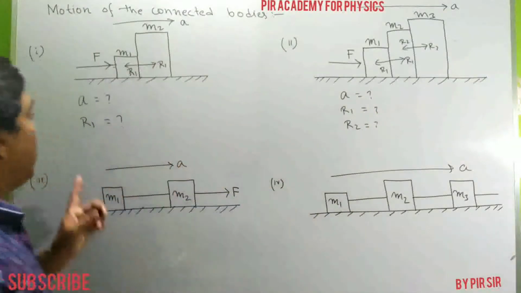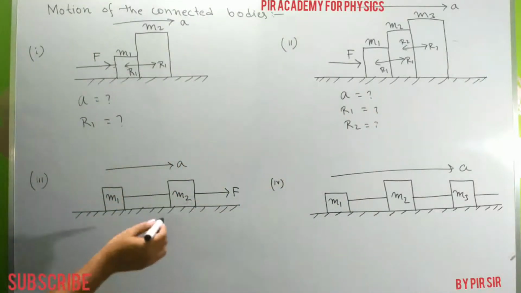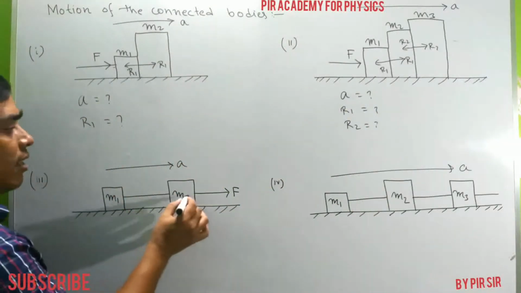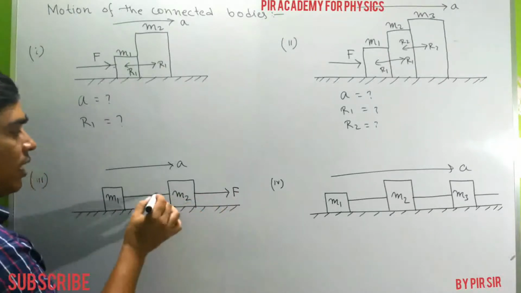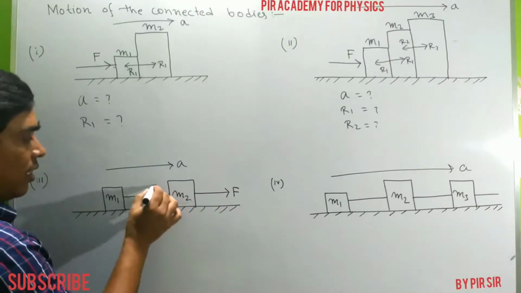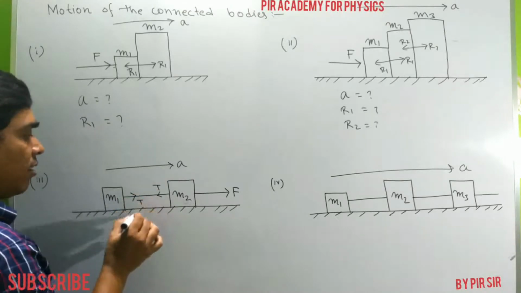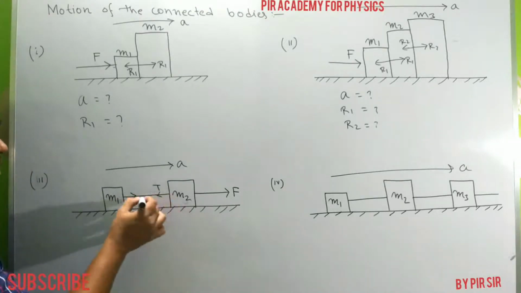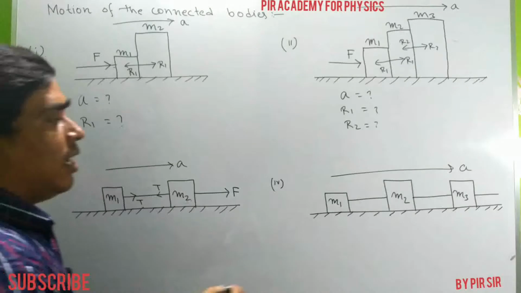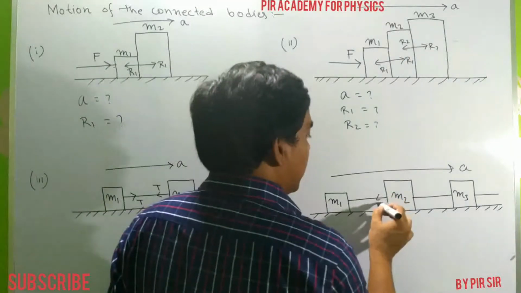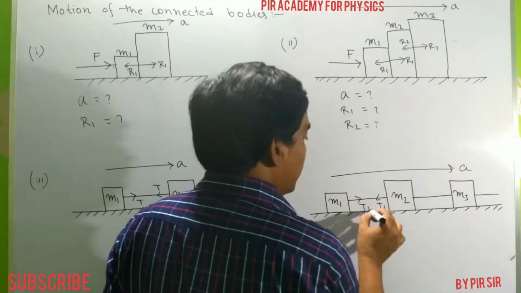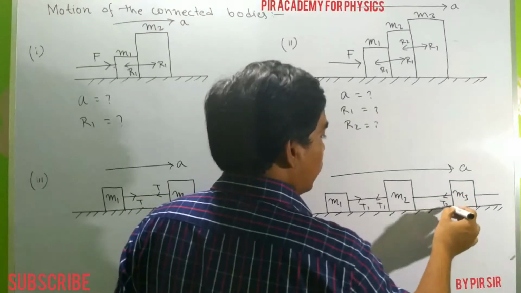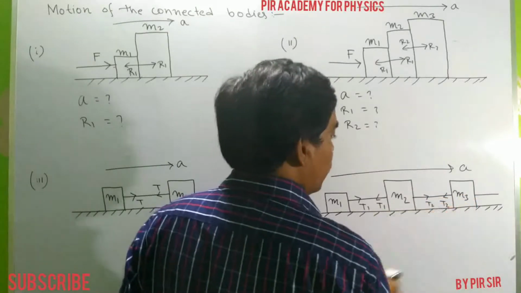These are the three types. Here you can see that if you apply force here, there is tension in the wire, here T, and here we calculate T1 and here T2.